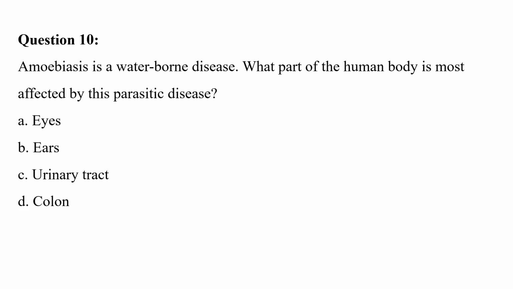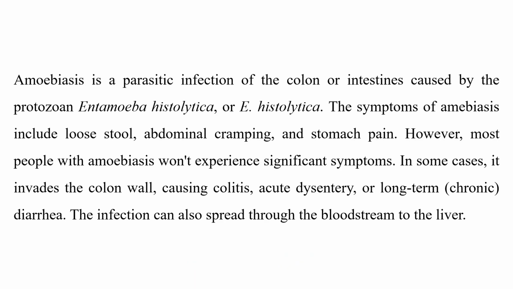Chetna has answered option D, colon. So the correct answer is option D, colon. Amoebiasis is a waterborne disease, and it affects the colon of the human body. It is a parasitic infection of the colon or intestines caused by the protozoan Entamoeba histolytica, or E. histolytica.